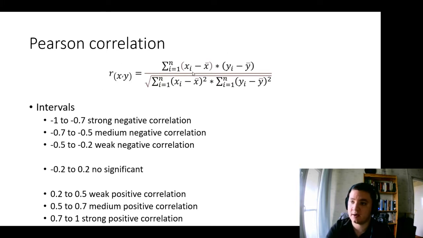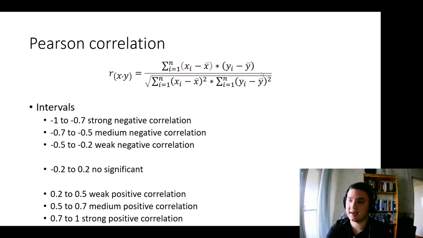And if we have the same direction differences, for example, the given variable is higher than the average in x, and in that spatial unit we have a higher y value as well, we have a positive value there.